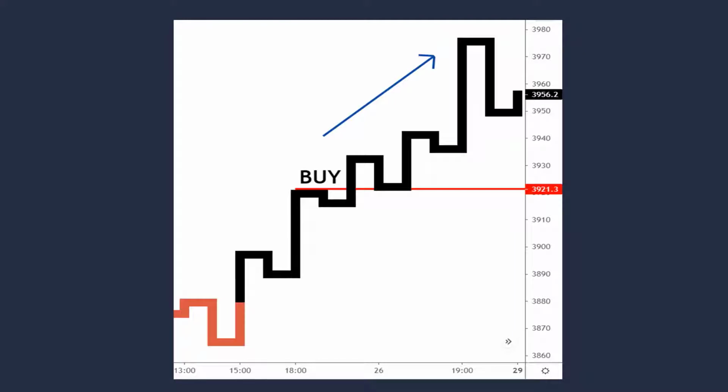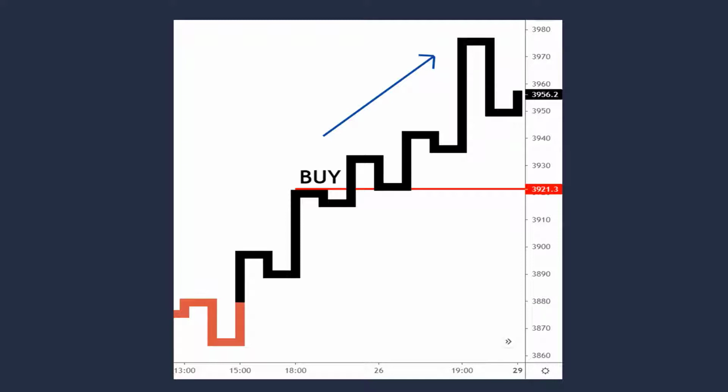So let's take a quick look at an example. Now this is an example on the S&P again, but this time it's on an hourly chart, so we've sped things up a bit, and it's a buy example. You can see in the bottom left we've turned from red to black around 3 o'clock. Now, old rules say you go in there, and yes, that would have worked in this example, but the odds are against you, so we wait until that second high is broken around that 3921 level, and we enter in.